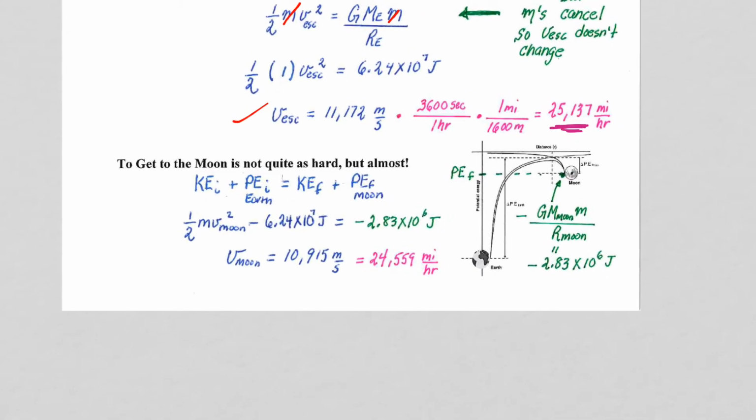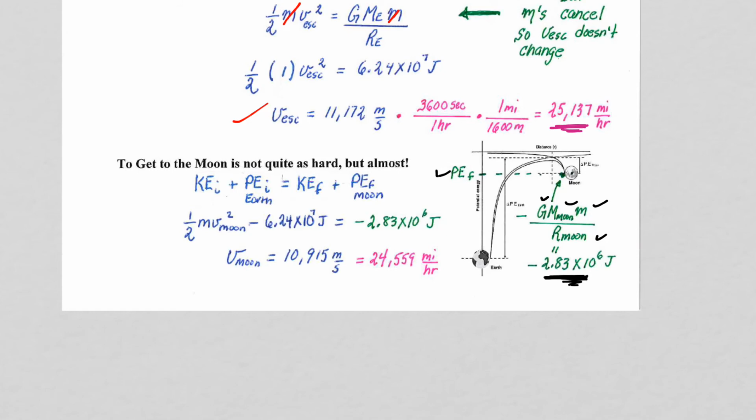So when we calculate the potential energy value for the moon, if we use our capital G, mass of the moon, again, I use a 1 kilogram mass here as my representative mass, divided by the radius of the moon to get a potential energy function at the surface of the moon. 2.83 times 10 to the 6 gives us our joule value there.